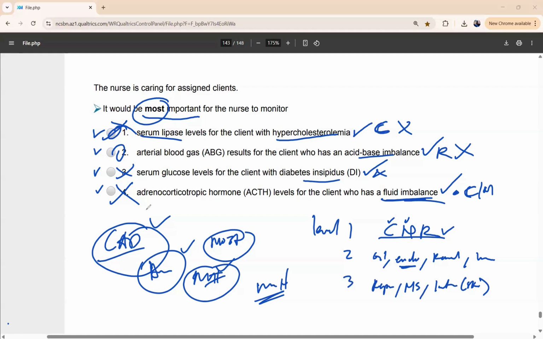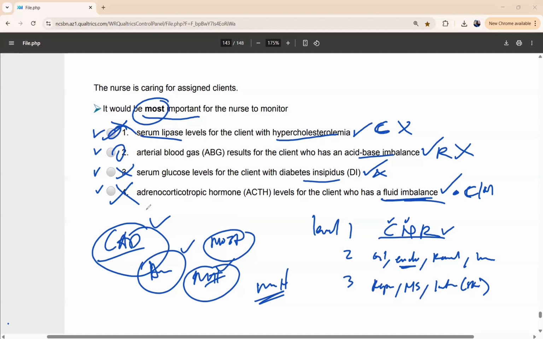If I would pick the next most important one, after acid-base balance I would say 1, because if you have high cholesterol, the patient can be at risk for MI. So that will be the next one. The next one after that, I'll pick 4, fluid imbalance. And the last one I'm going to pick 3. 3 is the least, because what do you expect from a patient like that?